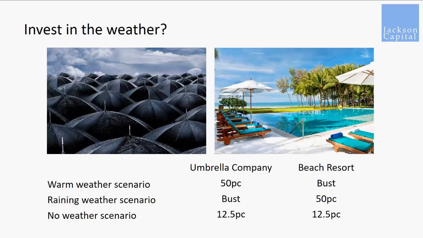If the season is warm, the resort will return 50%, and if it's raining, it will lose 25%. Conversely, if the season is raining, the umbrella company makes 50%, and if warm, it loses 25%. In this scenario, an investor can punt on the weather and experience a boom or bust.